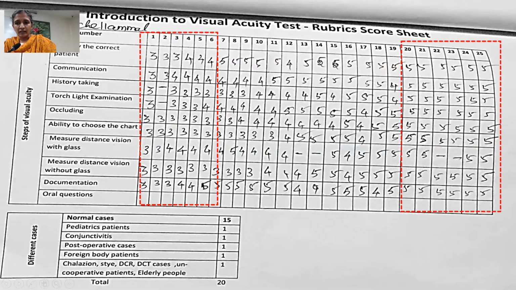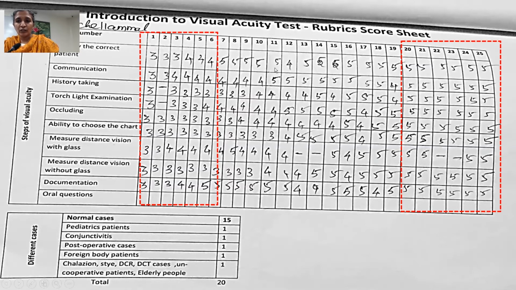But towards the end, she's getting all 5s. This is very much a part of the role of the assessor as well. So if you go back to the first part here where she's getting 3s and 4s, now the assessor can tell the learner exactly where she's going wrong, how she can do it better. And that is why the learner is able to get better and better.